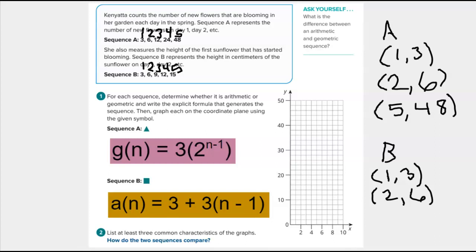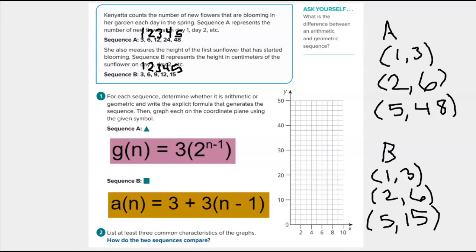It has the point 3, 9, the point 4, 12, and then it ends with the point 5, 15. So you're going to graph 5 points for sequence A and 5 points for sequence B. And your points are listed here.